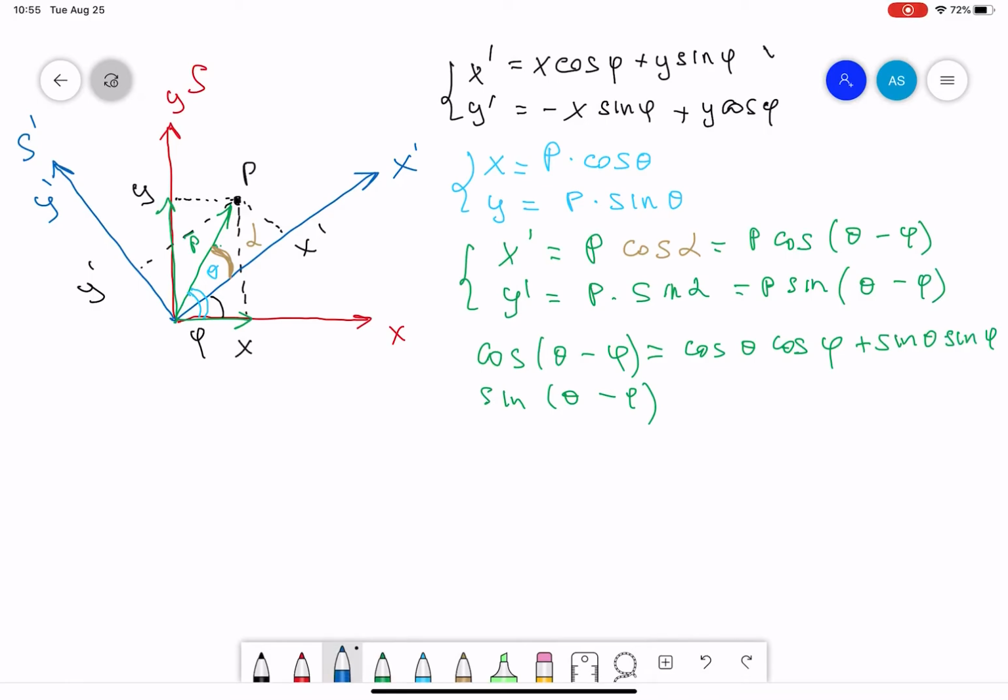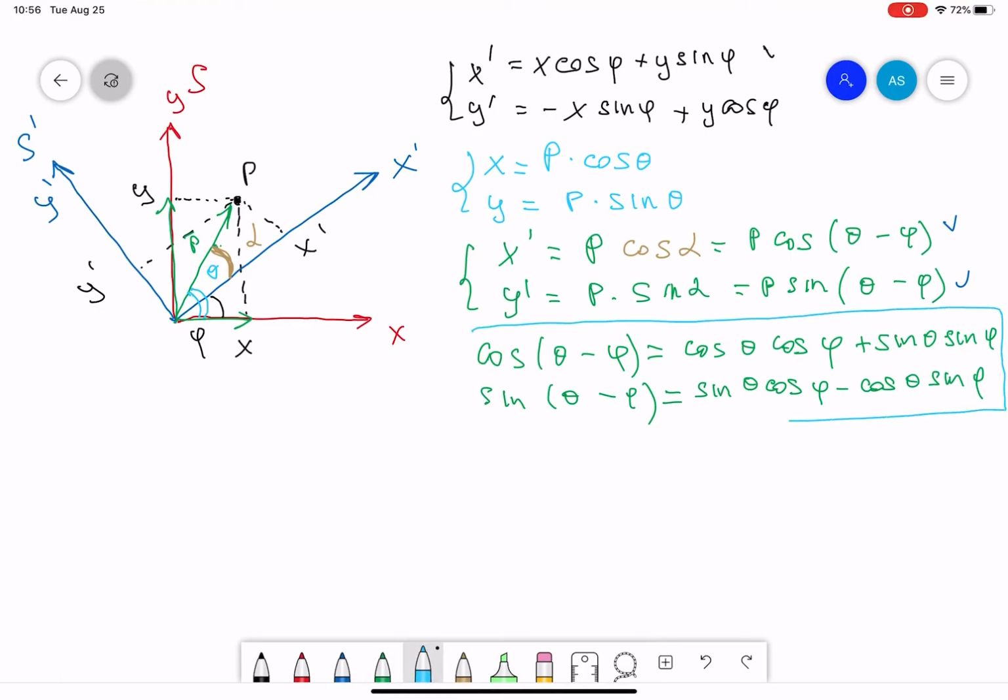The reason is that we want to find what cos of theta minus phi and sine of theta minus phi are equal to. So sine of theta minus phi gives you sine theta cos phi minus cos theta sine phi. Let me highlight it.